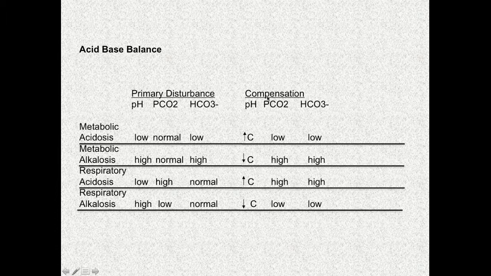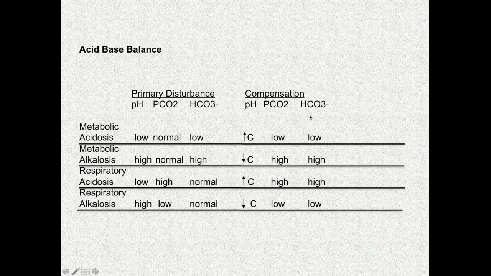Now, a PCO2 being low means less acid, which is actually an alkalotic change. An alkalotic change is the opposite of the pH, which is an acidic change. So it's abnormal, but it's in the opposite direction of the pH, which tells you that this is the compensation.